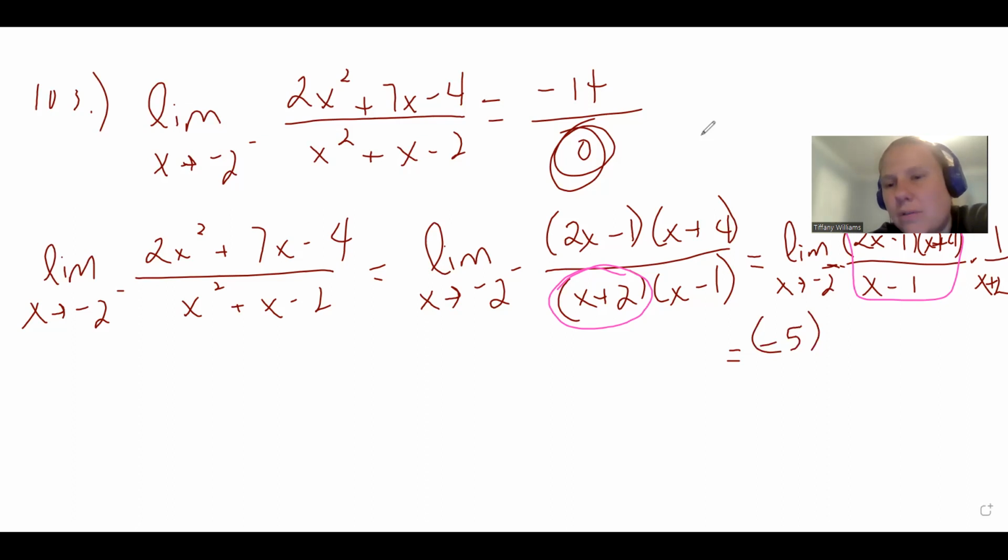If I plug in -2 for x plus 4, I'm going to get -2 plus 4, which is 2. And then -2 minus 1 is going to be -3. So with this piece, I'm going to get a numerical value. It's the 1 over x plus 2 that is not going to give me a numerical value, or at least not a pretty numerical value.